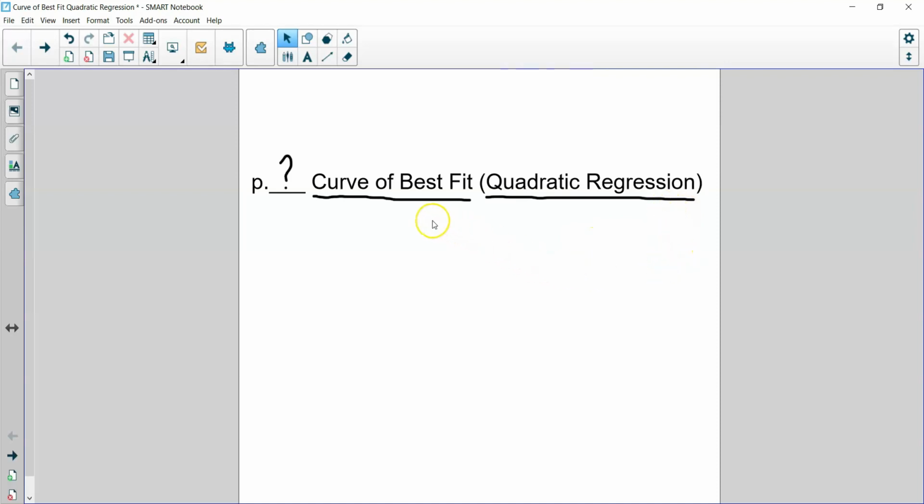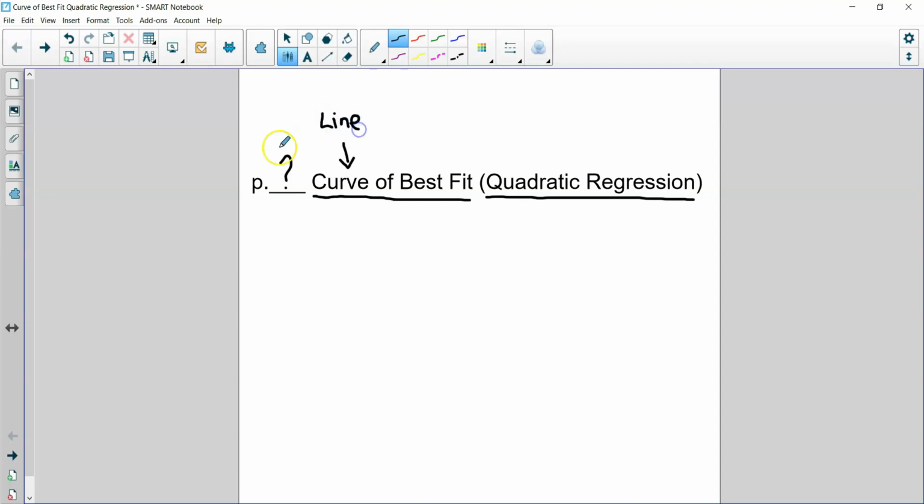So, curve of best fit and quadratic regression. If you think back, probably even before Christmas, instead of talking about a curve of best fit, we have already learned line of best fit.